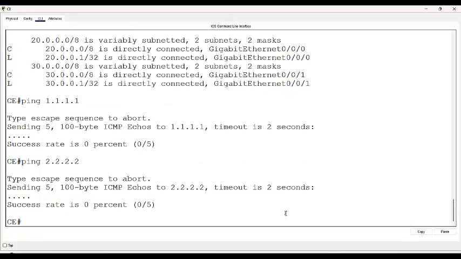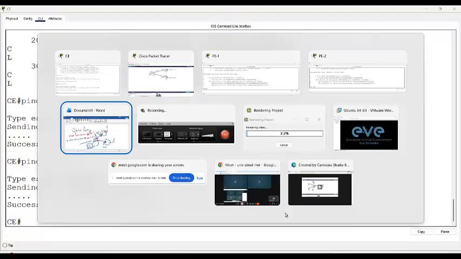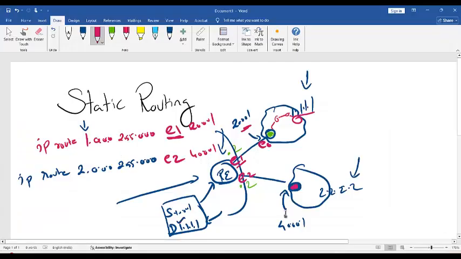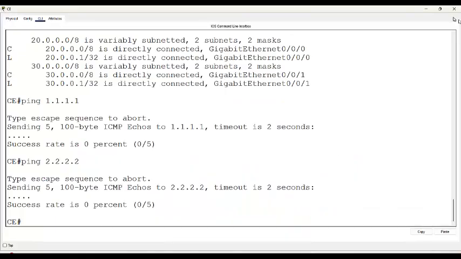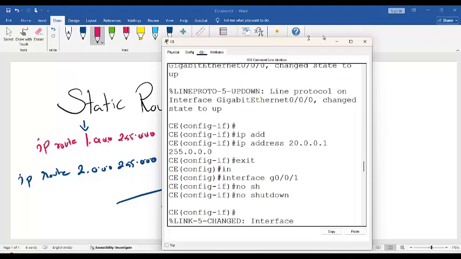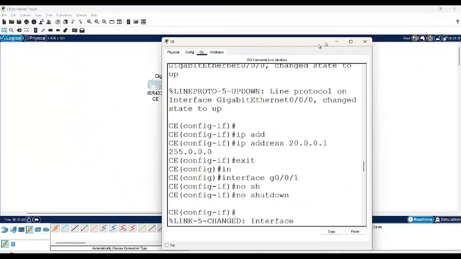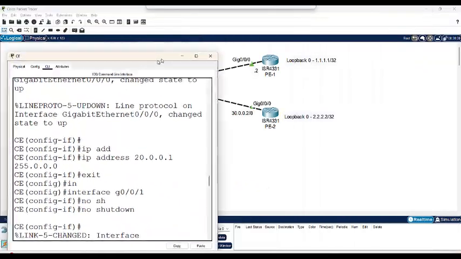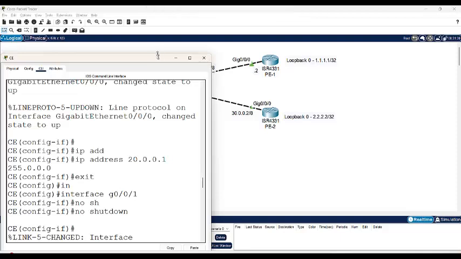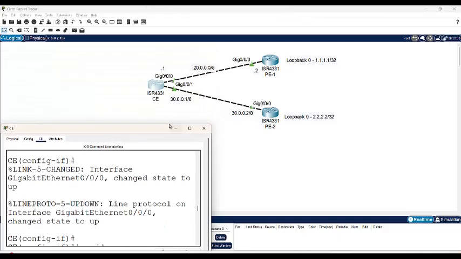So what is the solution? What are we going to do? We are going to write a static route, like I have written here. Now, let us assume in the first scenario you know the IP address of the next router. Not assuming, we know it. We know the IP address of the next router.